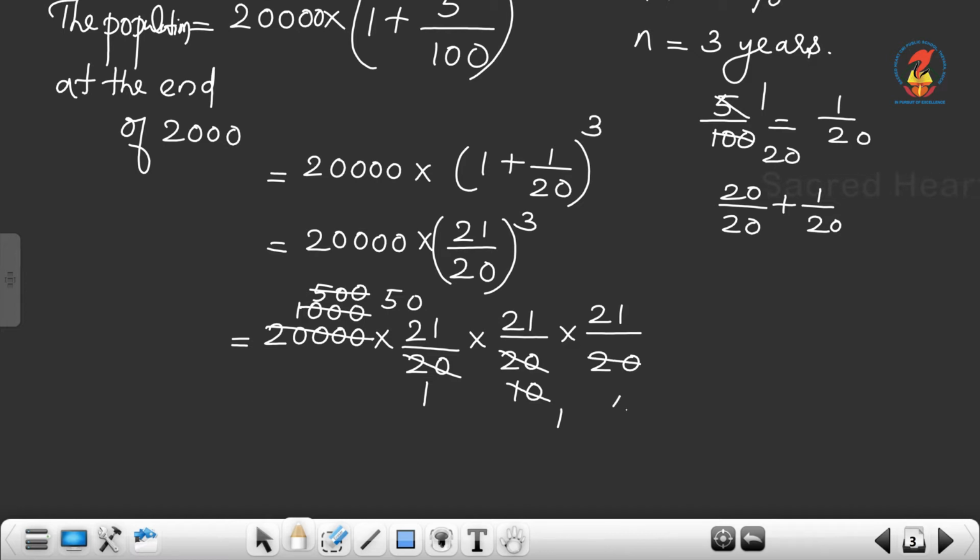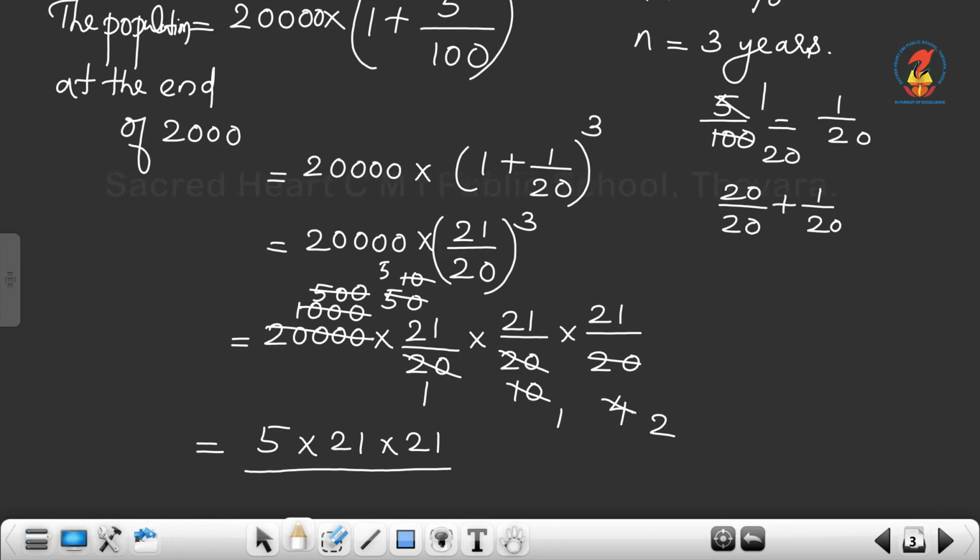Then with the 5 it is 10, 2, it is 5. So 5 into 21 into 21 divided by 2. 5 into 21 into 21 into 21 whole divided by 2.